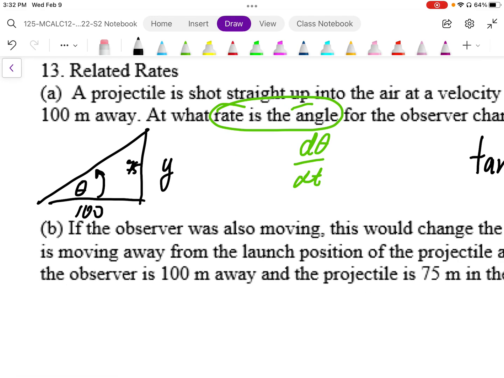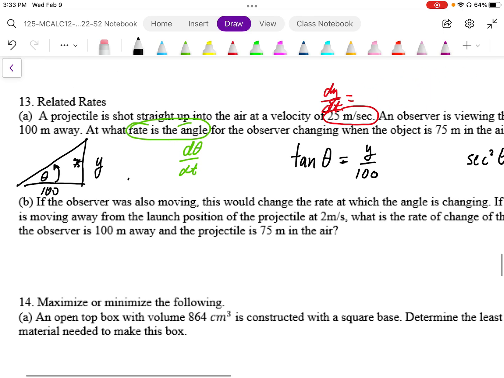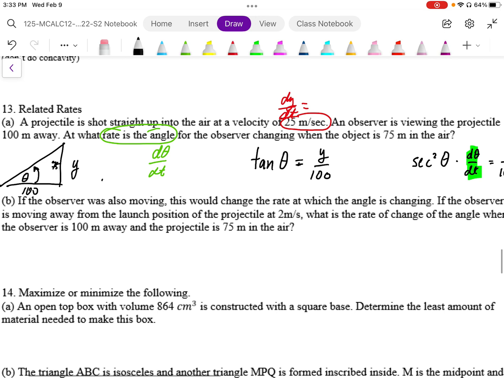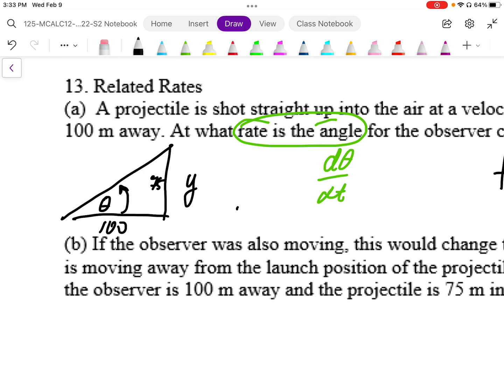Well, since I have 75 over 100, I can say that tan theta is 75 over 100 to get theta, and then I can calculate theta that way. But more importantly, although I want theta, really I want secant squared theta. I want secant theta, and I can actually get secant theta without actually solving for the angle. So that would be much easier. So I'm going to do that.